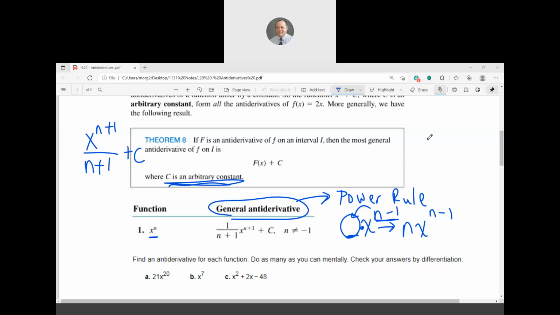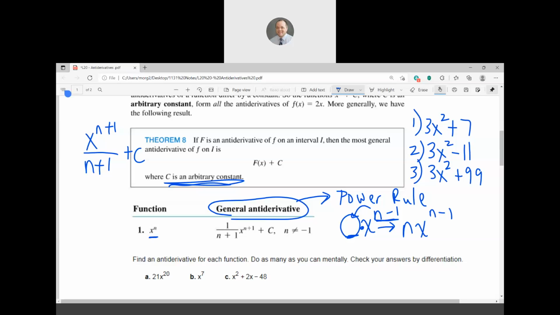Now, if you take the derivative of, let's say, 3x squared plus 7, 3x squared minus 11, 3x squared plus 99, well, when you take the derivative of all three functions, the derivative of all three functions is exactly 6x.